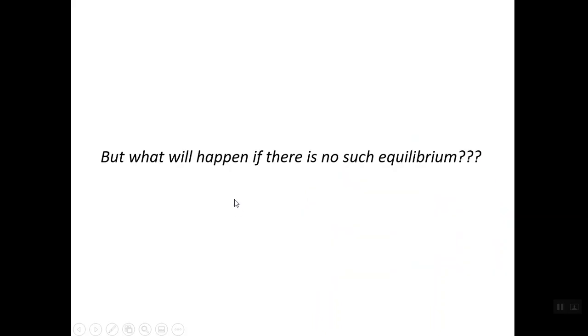So far we talked about an equilibrium, which is kind of an ideal situation, but it can be very realistic, because all those assumptions of the Hardy-Weinberg equilibrium model are many times, in fact, satisfied. But what will happen if there is no such equilibrium, if some of these assumptions are disrupted?